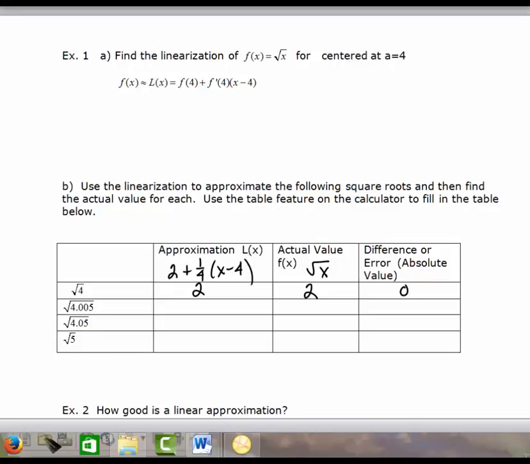Alright, now let's evaluate the square root of 4.005, again using the linearization, and then we'll find the actual value on the calculator.